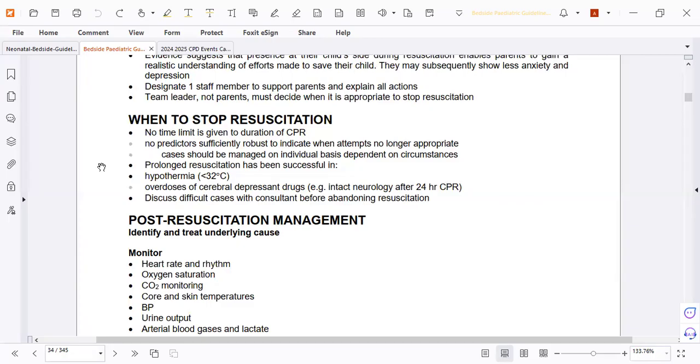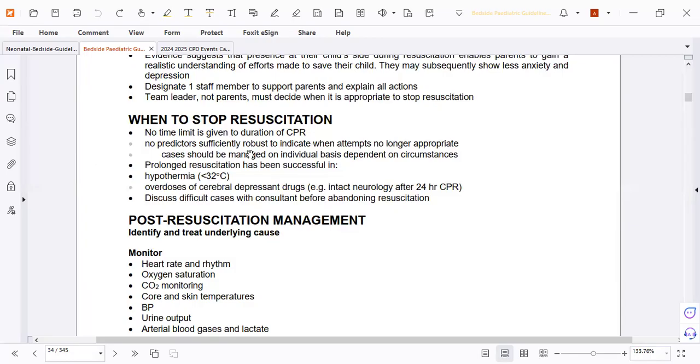Prolonged resuscitation has been successful in hypothermia, where the body temperature is less than 32 centigrade, and overdose of cerebral depressant drugs, for example, intact neurology after 24-hour CPR. Discuss difficult cases with a consultant before abandoning resuscitation.